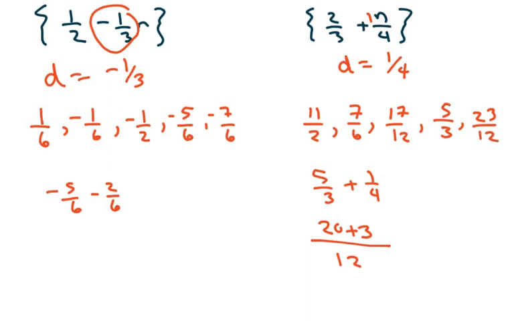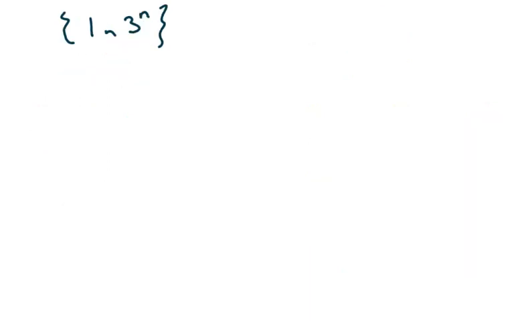All right. Now, this one is a little different. It's hard to see if that's linear or not. So what we're going to do on this one is find the common difference by taking d equals your next term minus your current term.